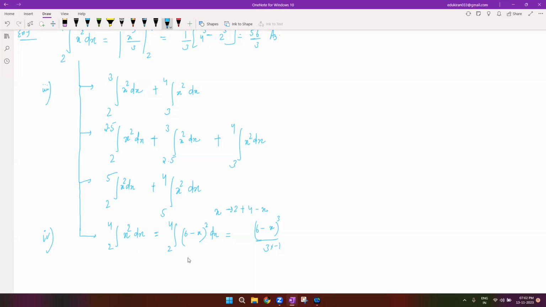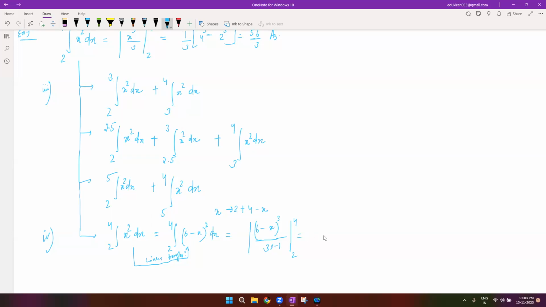So remember that we have applied a linear transformation, and in case of a linear transformation, we divide the whole answer by the coefficient of x. The coefficient of x in this case is minus 1, so I have divided the whole answer by minus 1. Now I want to integrate this from 2 to 4. Let's start putting the values.